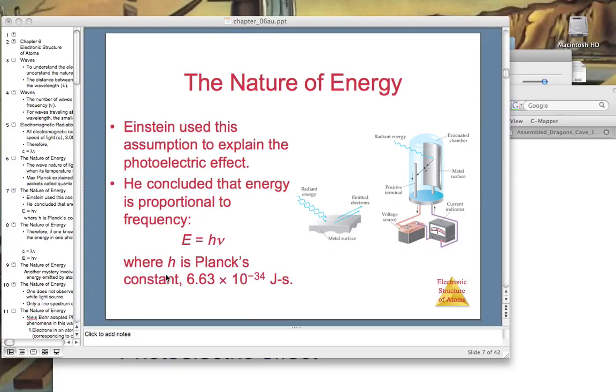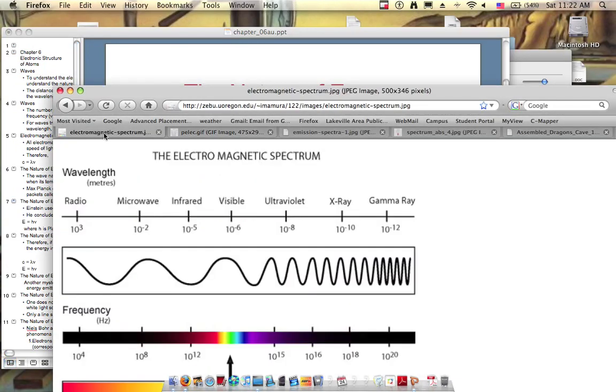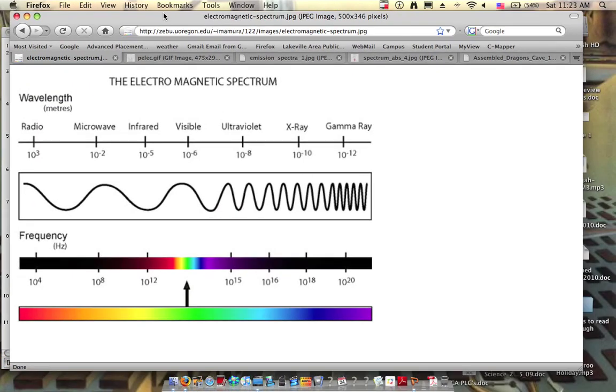And if we look back here, at our pictures, who has a higher frequency? Red visible light, green visible light, or blue visible light? And you can see that frequency increases from left to right, and therefore red is the lowest energy light, green's a little bit more energy, and blue's even a little bit more energy after that.